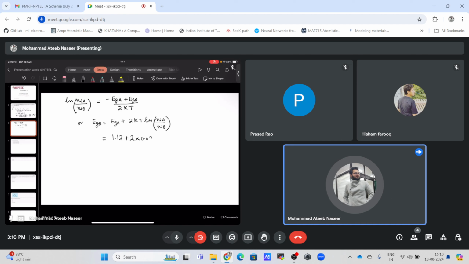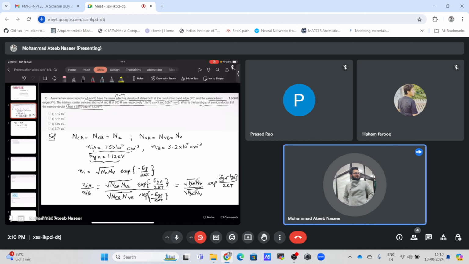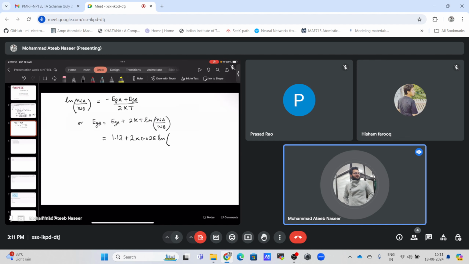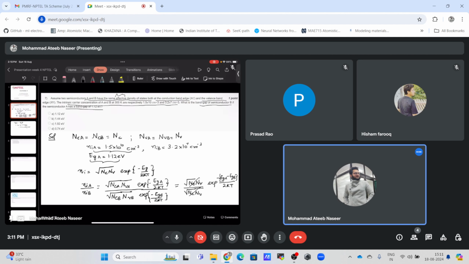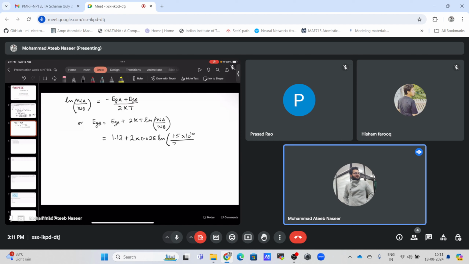So this is 0.026 ln of Ni of A is 1.5 into 10 to the power of 10 per centimeter cube, and Ni of B is 3.2 into 10 to the power of 7. Okay, so let's solve for this.